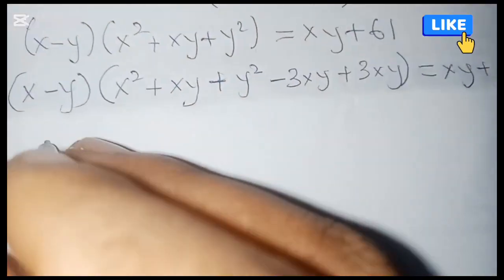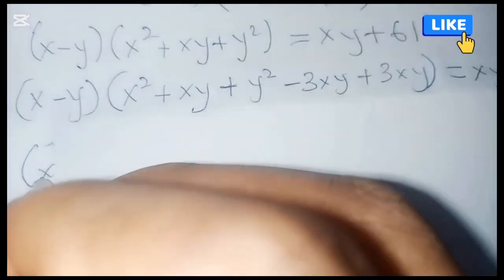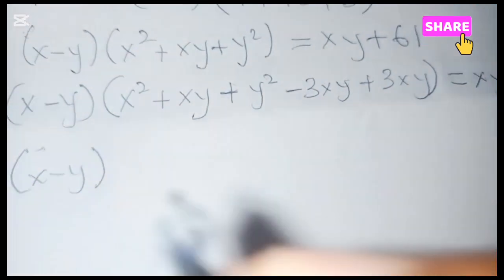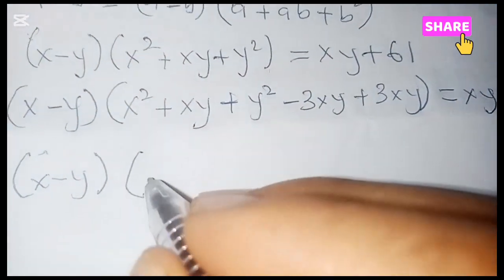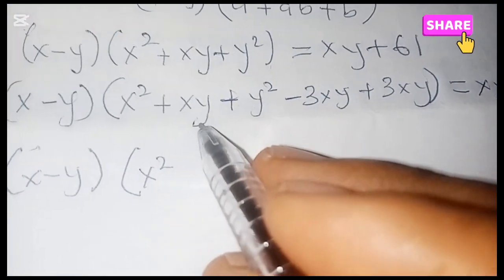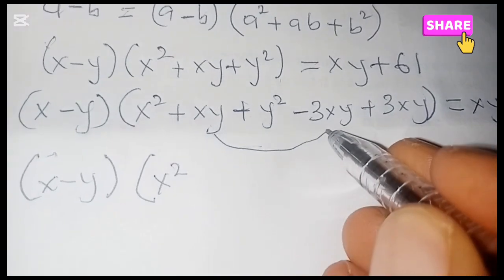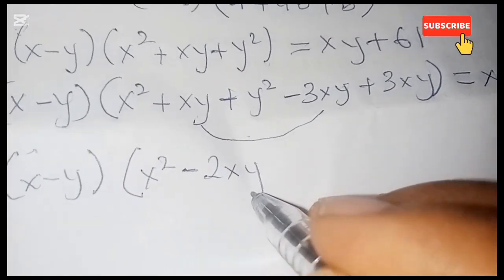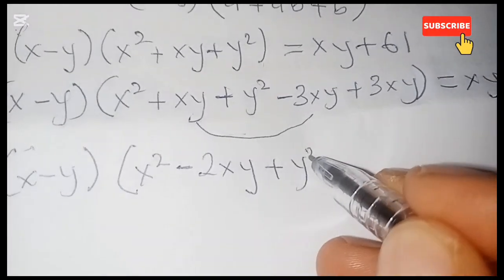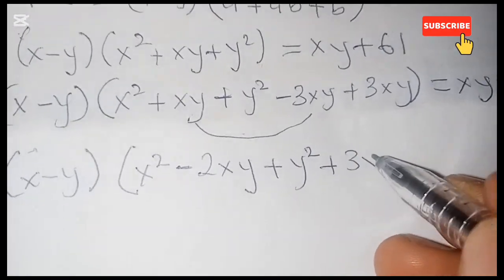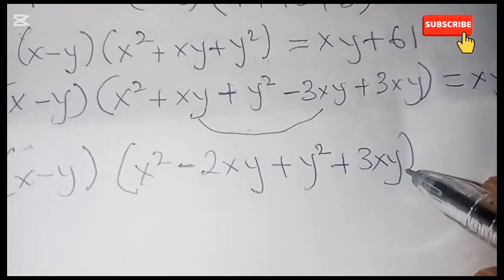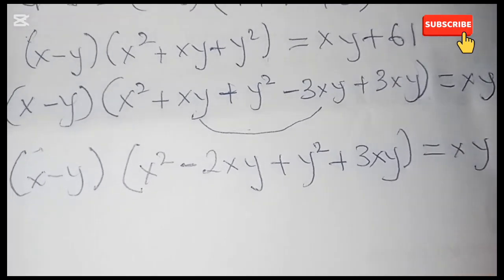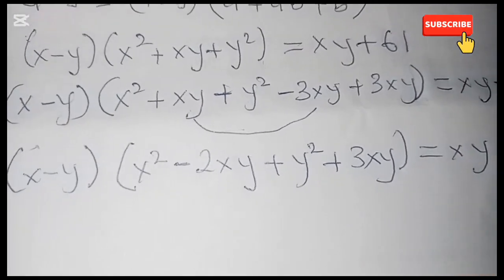Now, from here, we have x minus y, and when we solve, this gives us minus 2xy, and we have y squared plus 3xy equals xy plus 61.